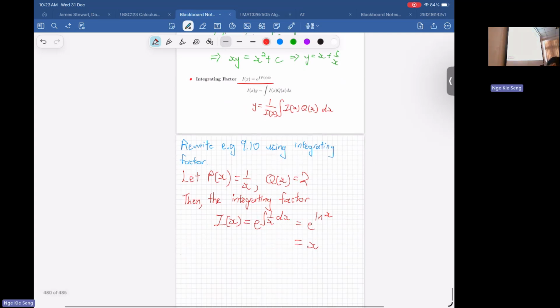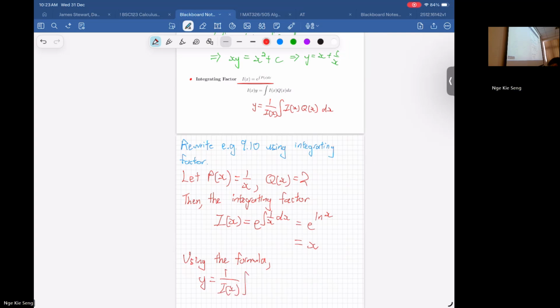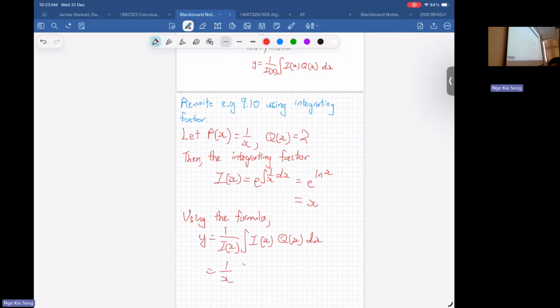So using the formula, y equals 1 over I(x) times the integral of I(x) Q(x) dx, it becomes 1 over x times the integral of x times 2 over x. Is it correct? Let me see.